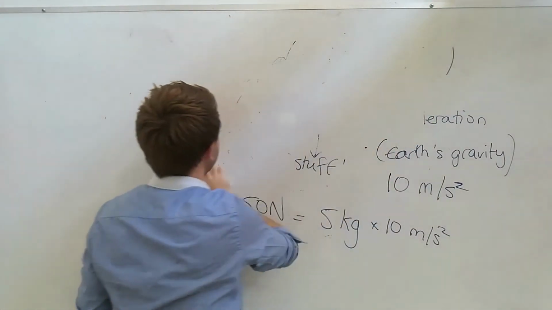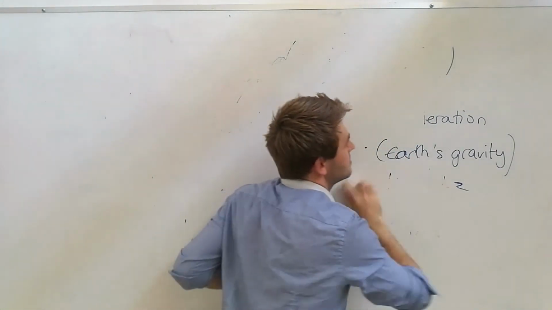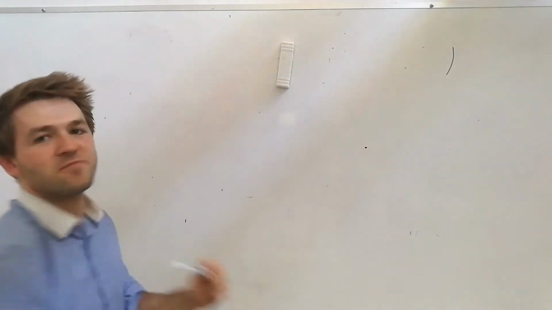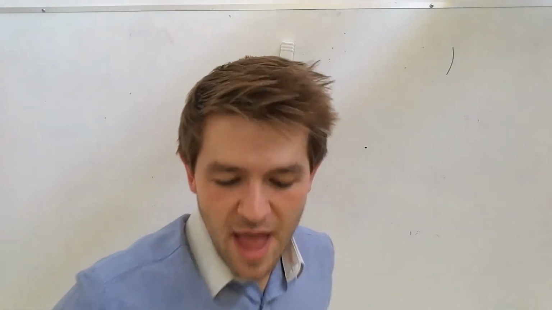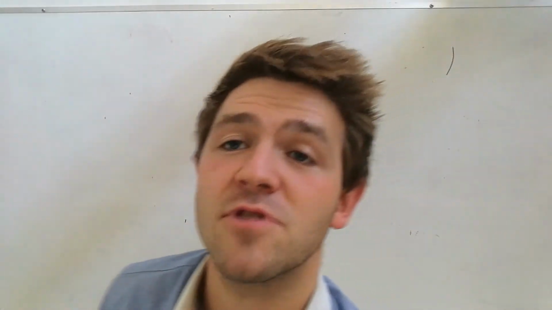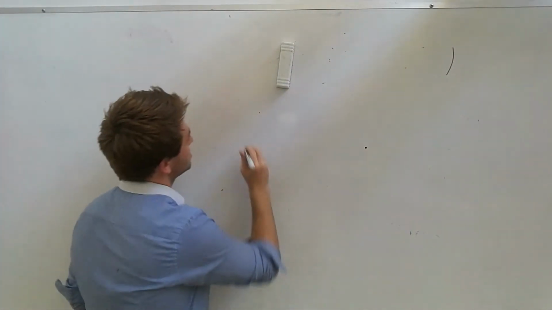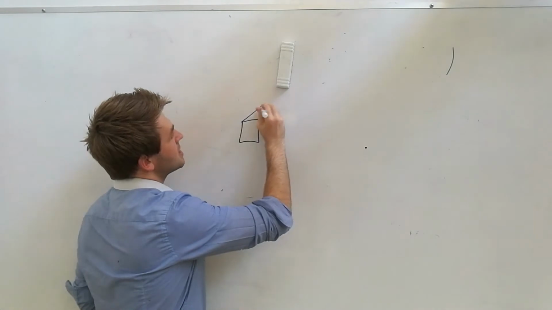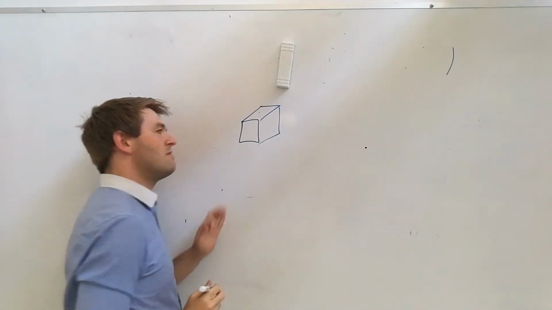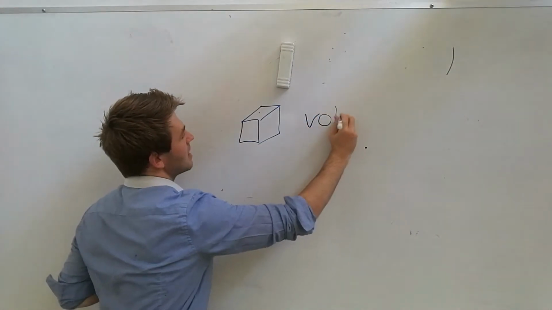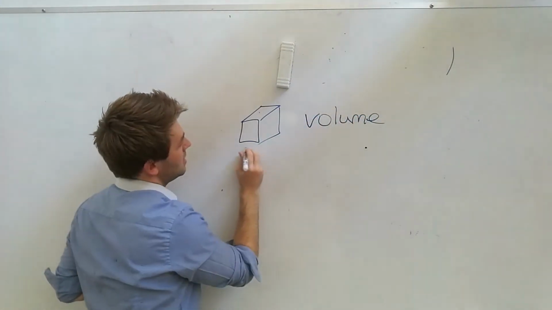However, I can expand upon all of this here with mass. And I can work out not just how heavy something is, but how tightly packed it is. Because remember, different things have different shapes. I could have this here with a shape. The volume of this here, which is our next keyword, is going to be like this.